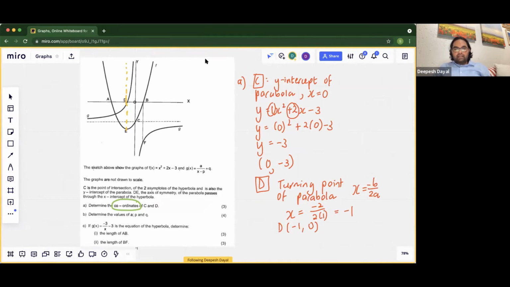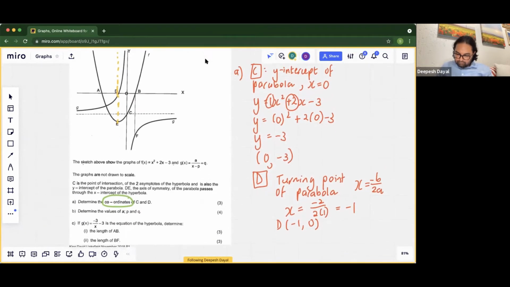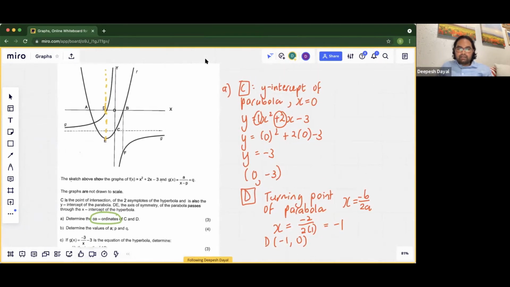Okay, well done, everybody. Any questions regarding this so far? It's very important that you understand each step because they all relate to each other.